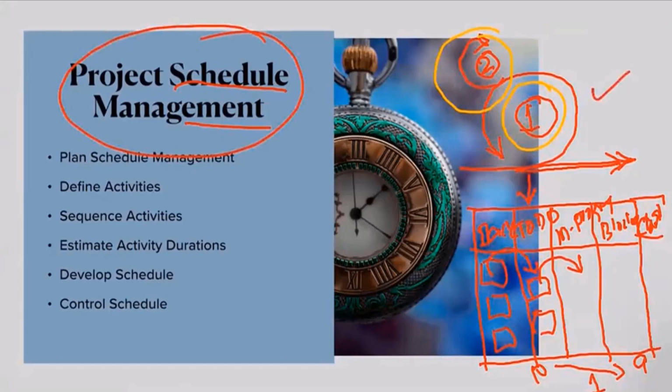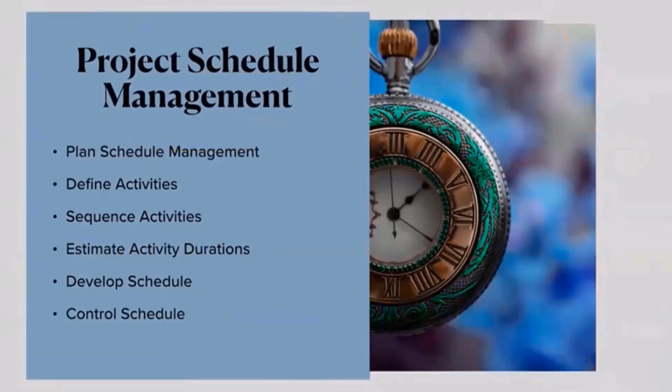In agile, questions will definitely come, and also the Kanban board questions are going to come, right? So today we are going to learn all these 6 important processes: planning the schedule management, defining the activities, sequence of the activities, estimating the activity durations, developing schedule, and controlling schedule. Okay.